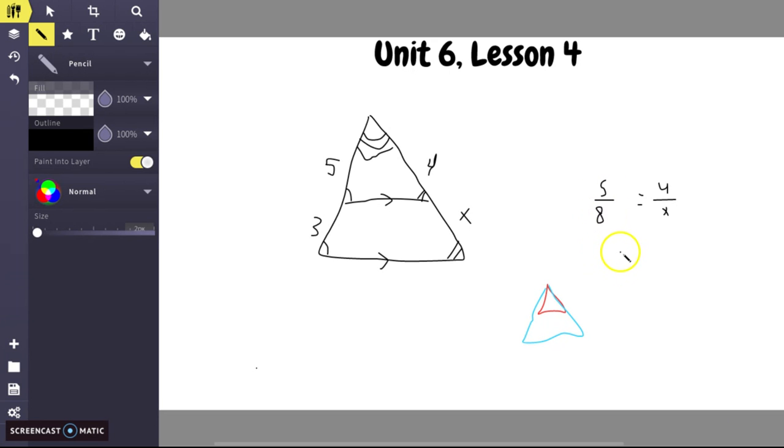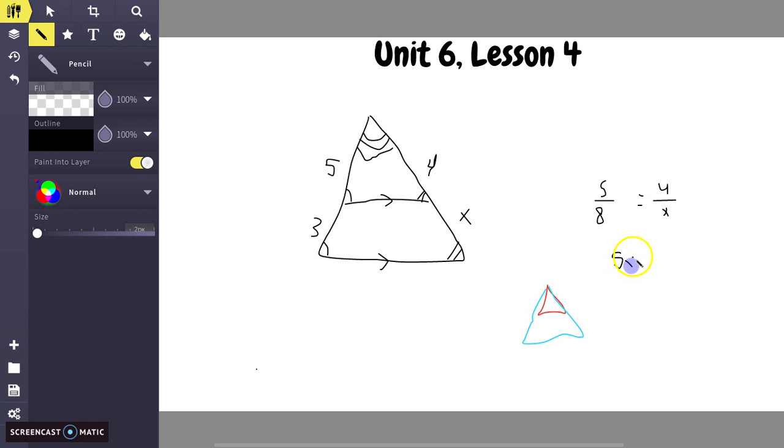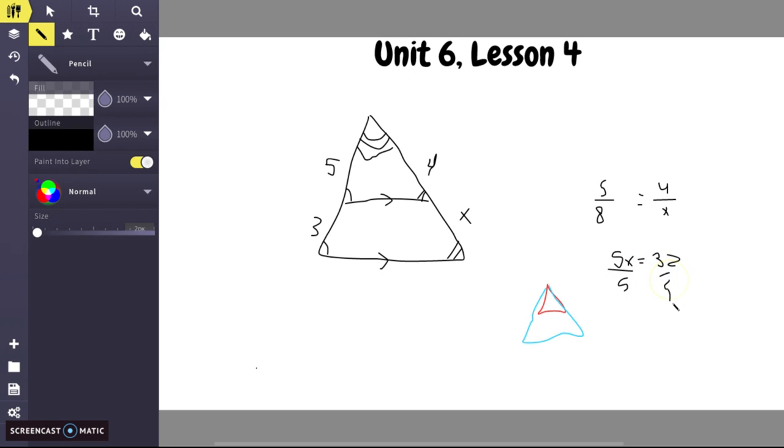Now, cross multiply. 5x equals 32. Okay, that's what we get. Now, let's divide like this. And we don't really need to simplify to a decimal in this case.